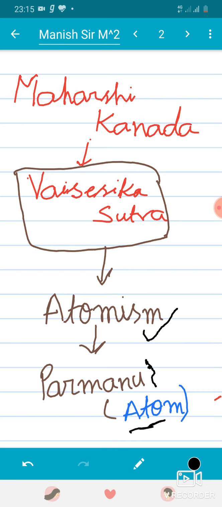He mentioned all these things in his book Vaisheshika Sutra. Maharshi Kanad said the smallest part of any substance is known as the Parmanu or atom.